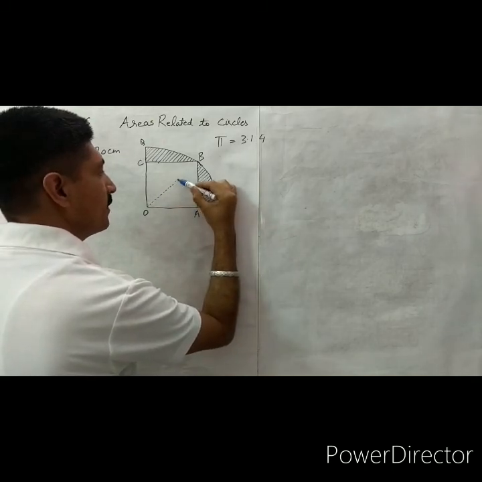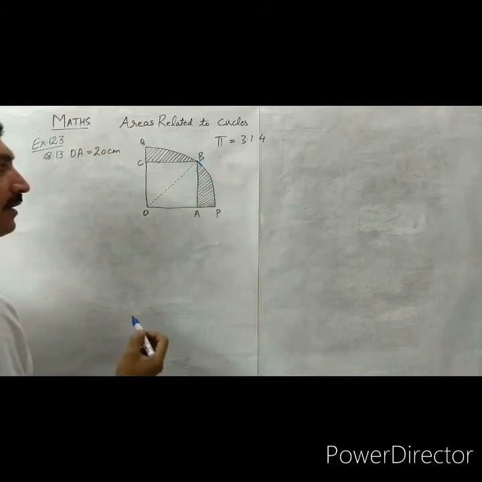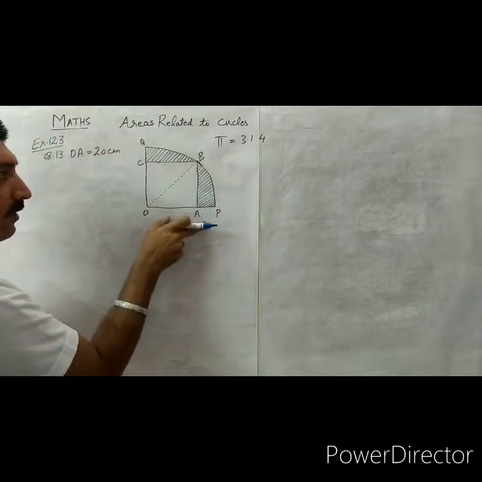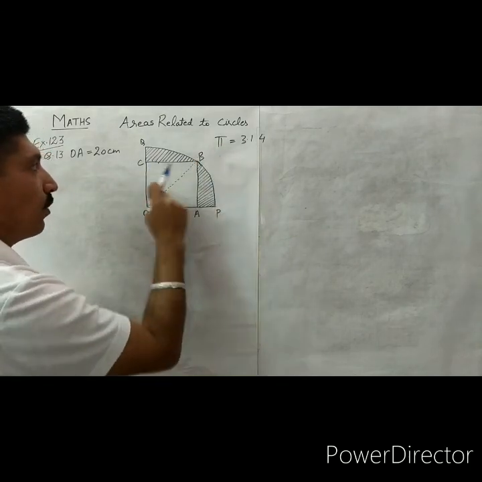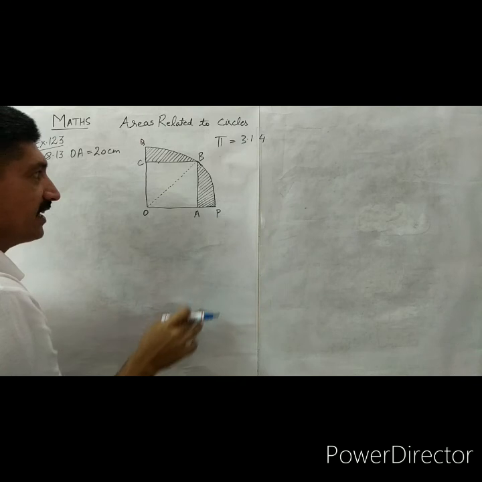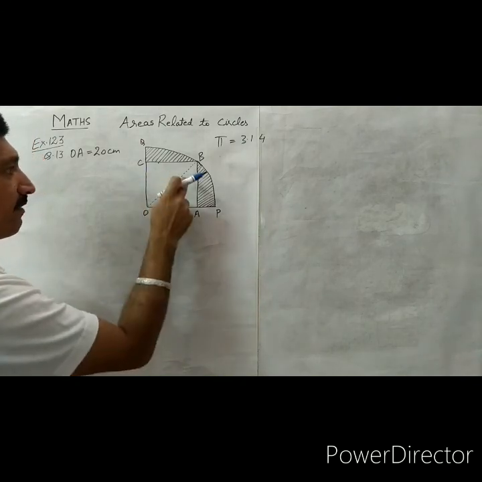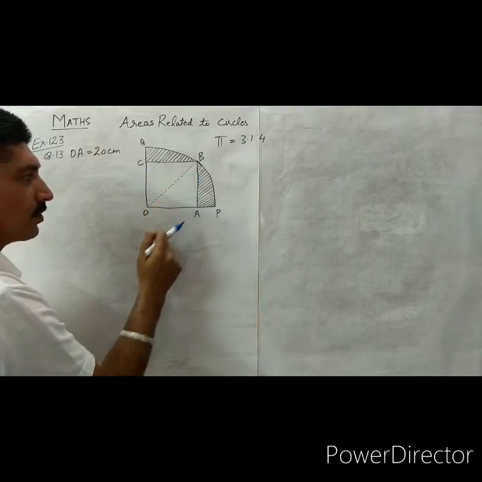The figure is given in the question here. So the radius of this quadrant is equal to OB, which is the radius. So here we will apply the Pythagoras theorem.